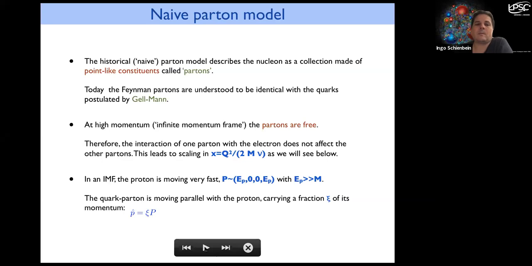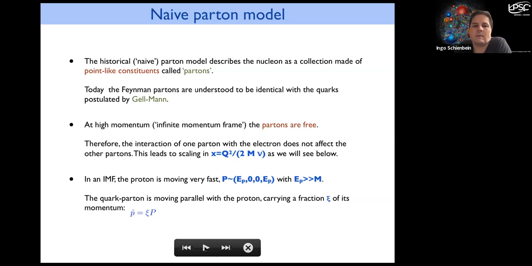So the historical Parton model describes the nucleon as a collection of point-like constituents called partons, instead of a mushy nucleon with a small core and then a cloud of pions. Instead, it's a bag of point-like constituents. And today, of course, the partons are understood to be identical with the quarks postulated by Gell-Mann.